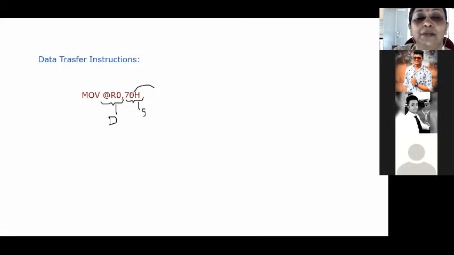Data or address, how? This is not preceded by hash, therefore this is not data, this is an address. Okay. So the source is the memory location 70H.